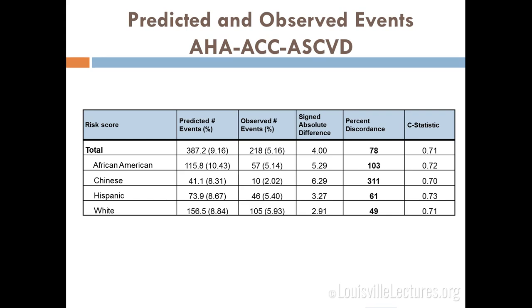It got worse for African Americans, the very group that they said this was advantageous for. They are correct, it overestimated way more in Chinese Americans. It performed okay in Hispanics, which they don't recommend it for. And then, again, it was less bad in whites as opposed to the other groups.